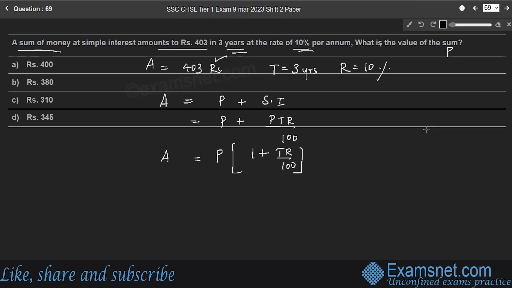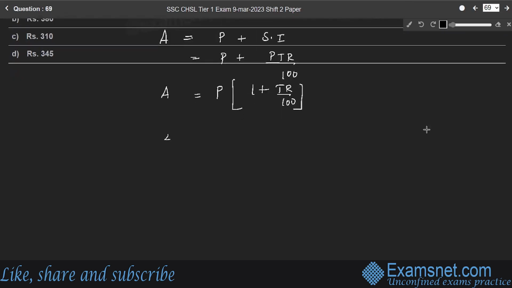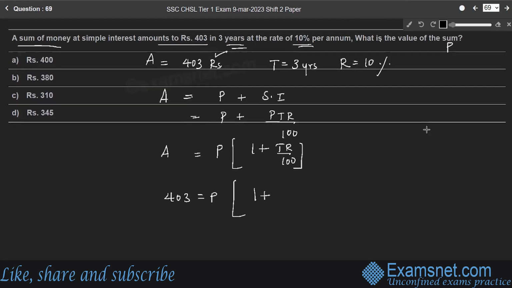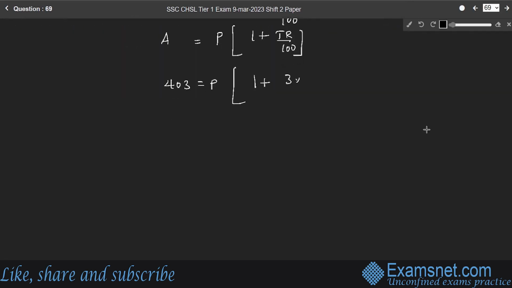Therefore, substitute the values. 403 is the amount. Principal we need to calculate into 1 plus. Here time period is 3 years at the rate 10% per annum. So 3 into 10 by 100. Therefore, P into, so here it is 130 by 100.